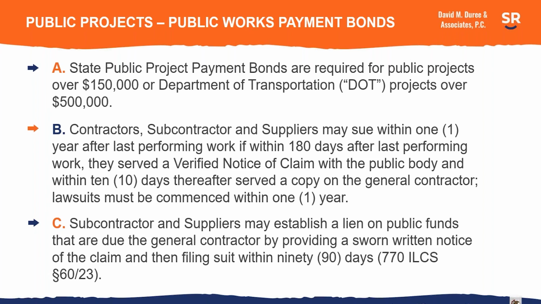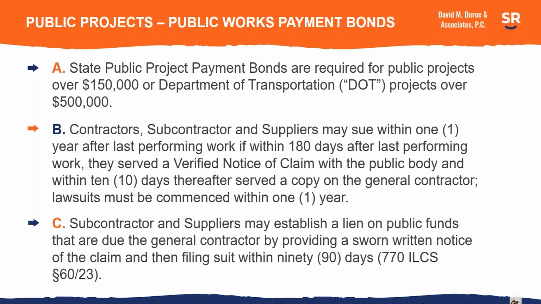For the state projects, the public body involved, might be the Capital Development Board or some other state agency, is required to require the general contractor to provide payment and performance bonds if the public project is over $150,000, or for highway projects, Department of Transportation projects, if the project is over $500,000.